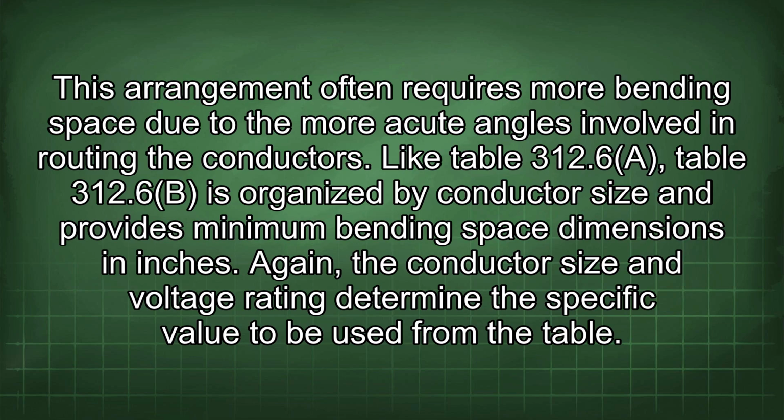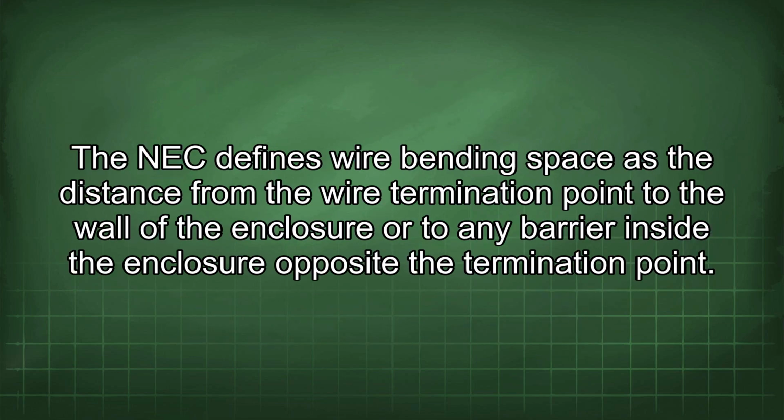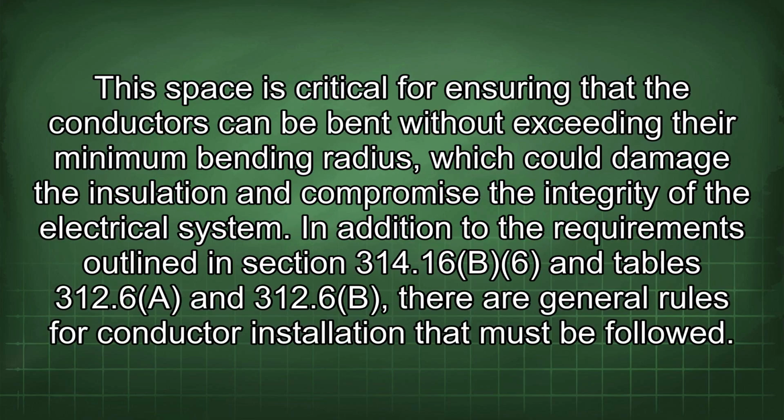Again, the conductor size and voltage rating determine the specific value to be used from the table. The NEC defines wire bending space as the distance from the wire termination point to the wall of the enclosure or to any barrier inside the enclosure opposite the termination point. This space is critical for ensuring that the conductors can be bent without exceeding their minimum bending radius, which could damage the insulation and compromise the integrity of the electrical system.